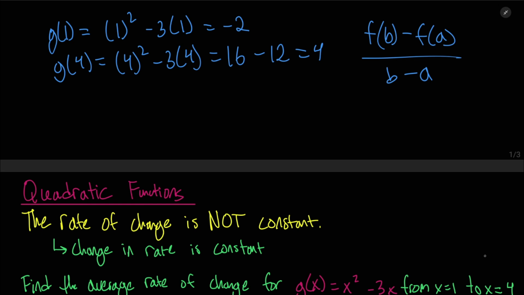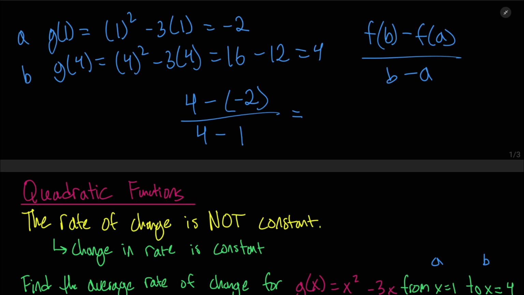I like picking the bigger number as the b value, the bigger x value, so that we don't end up messing with negatives. So this is a, this is b, that was 4 minus negative 2, divided by 4 minus 1.